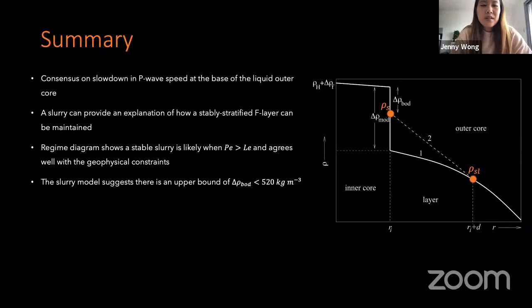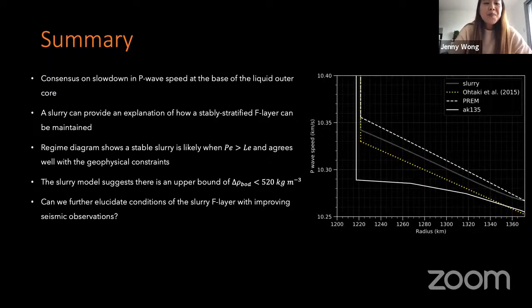The model also suggests that there is an upper bound on the inner core boundary density jump from body wave data that is less than 520 kilograms per meter cubed. An interesting avenue for further investigation could be: can we further elucidate conditions of the slurry F layer by improving seismic observations?